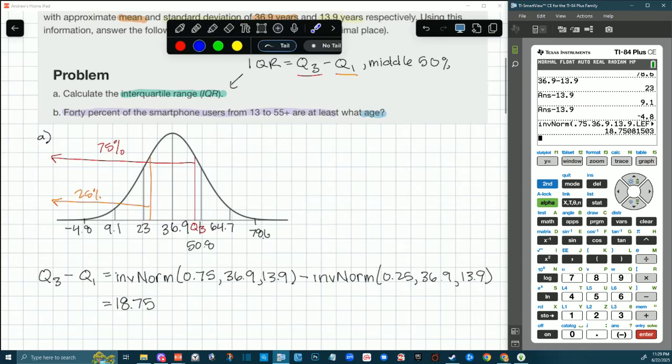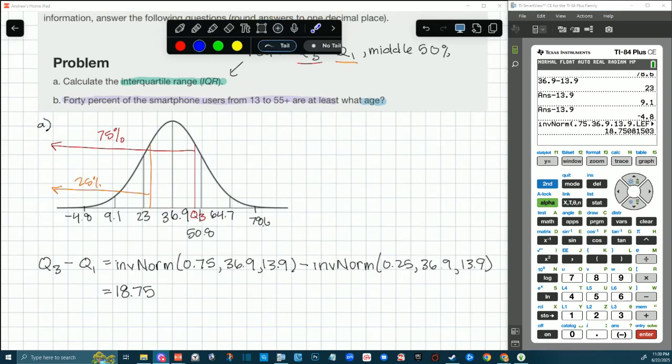So this makes sense in terms of where those two sit in my picture. Let's go ahead and try the next question, which says 40% of smartphone users from 13 to 55 plus are at least what age? We know that at least means greater than or equal to.